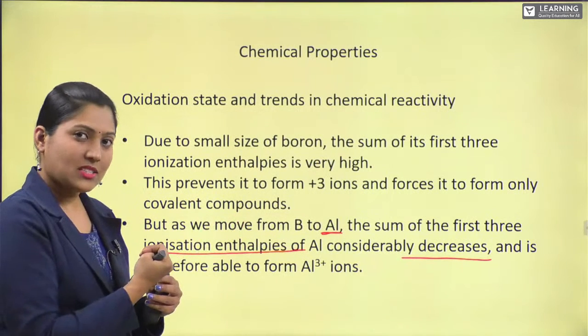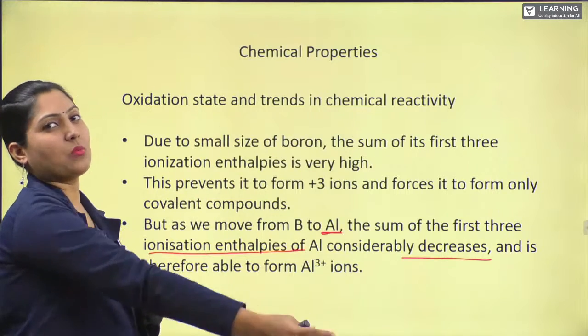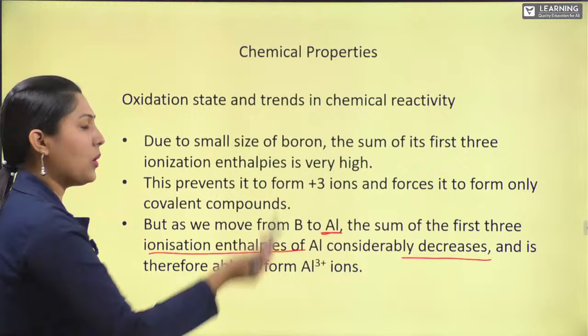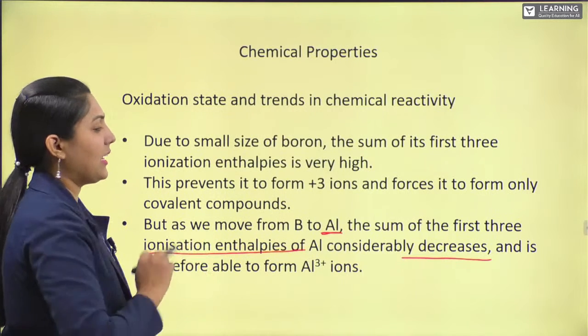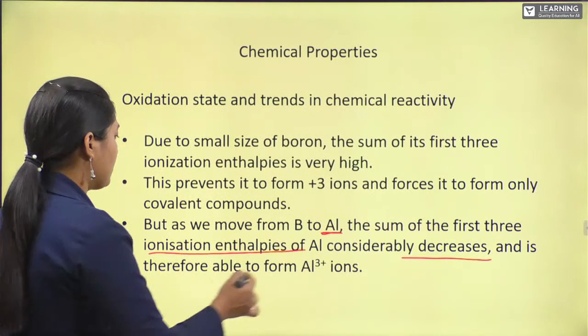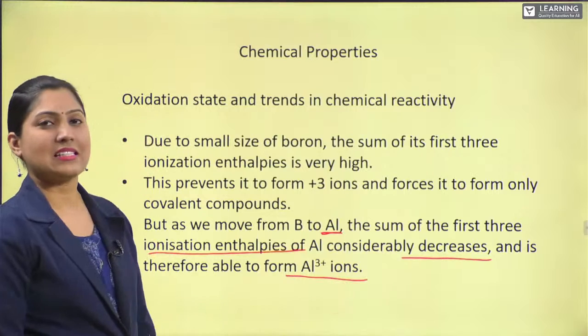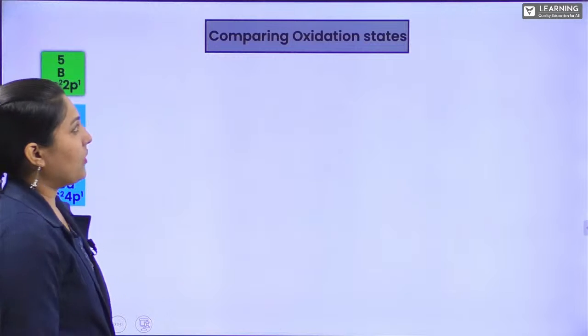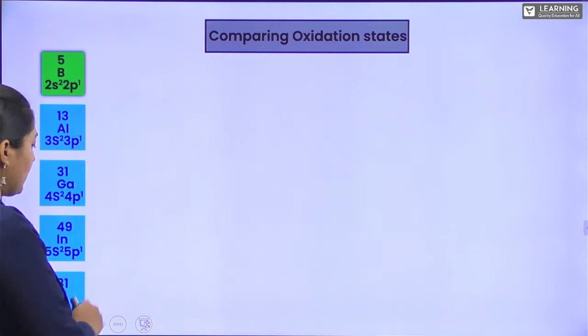As attraction is decreasing, we can easily remove that outermost electron, and hence aluminium can form the +3 state more easily than boron. So now we have the +3 state of aluminium. We'll just compare the oxidation states here in the given.